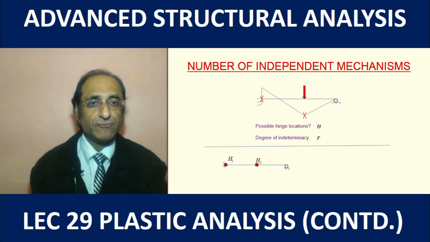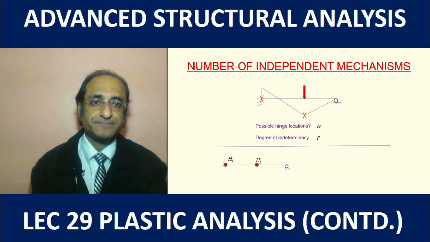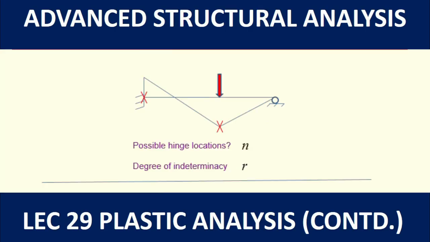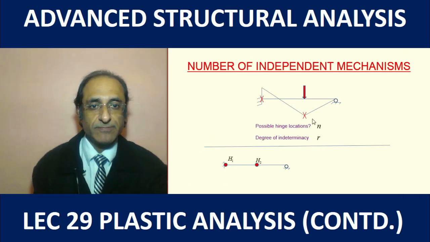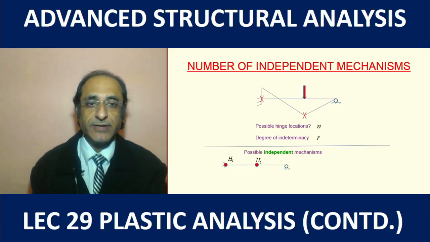This fact we can now utilize in solving the problems, and we also derive one more mathematical formulation to help us. If n is the total number of possible hinge locations, for example here there are 2 possible hinge locations, and if r is the degree of indeterminacy, then the number of possible independent mechanisms is equal to n minus r.